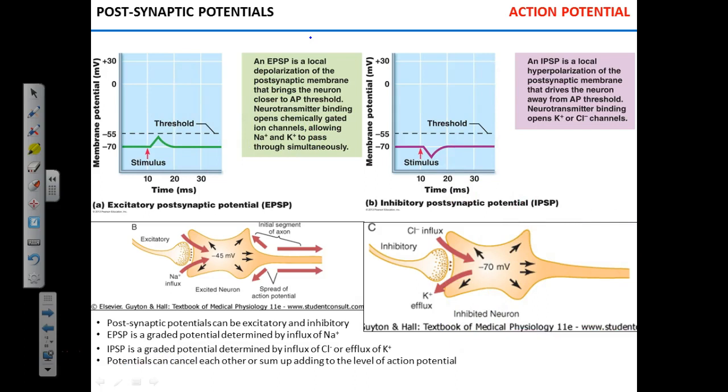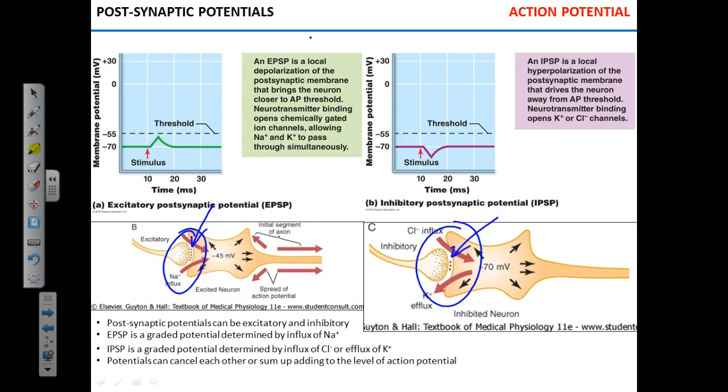Now, postsynaptic potentials. That's an official term for what's going on in the neuron after the synapse. So think about this. You have a synapse right here and synaptic cleft. And you can see in the synaptic cleft those really tiny dots.